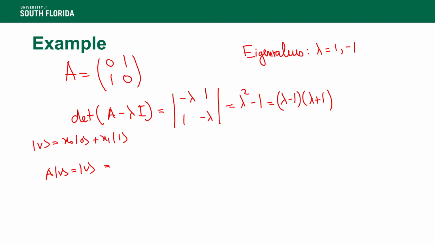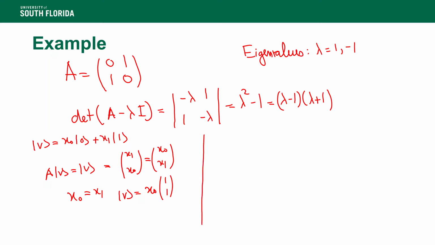What we have is A times V is going to be (x1, x0), and it has to satisfy that it's equal to (x0, x1). So this forces x0 to be equal to x1. Okay? So what does this mean? That means that V equals x0 times the vector (1, 1), okay?